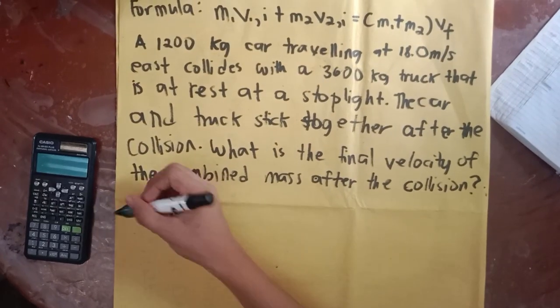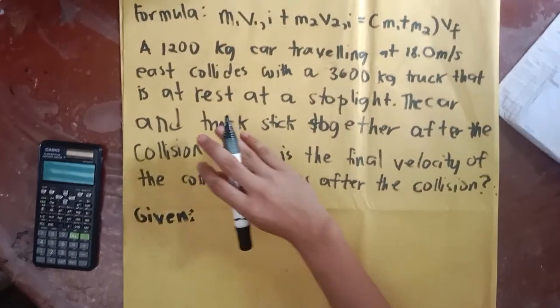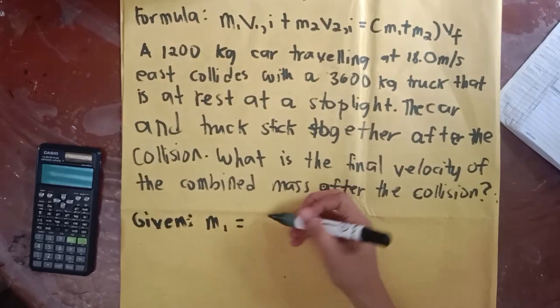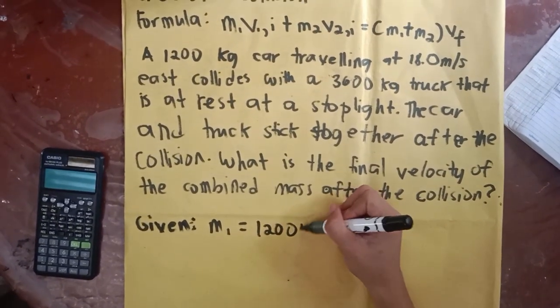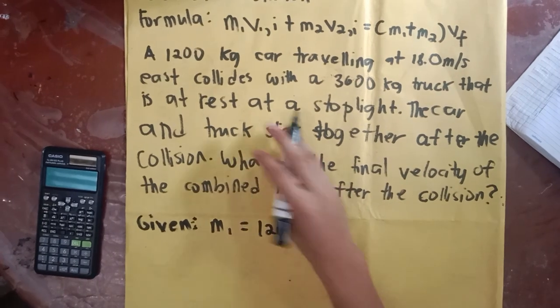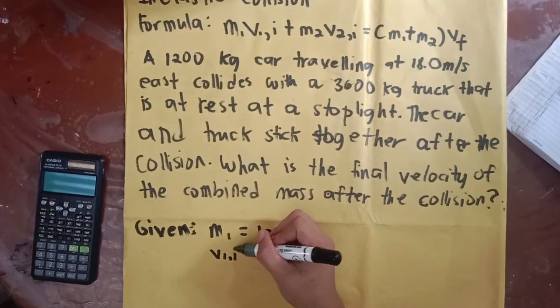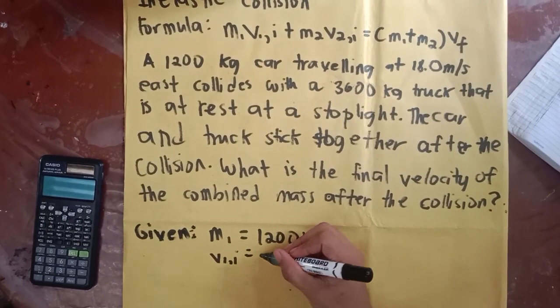So let's write the given. Our M1 is equal to 1,200 kilograms. V1I is equal to 18.0 meters per second.